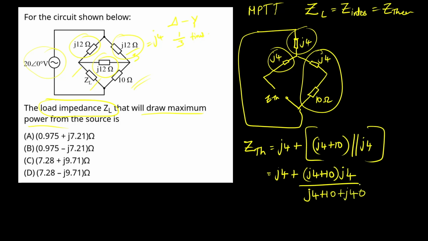If you simplify this, we will get the equivalent ZTH equal to 0.975 minus J7.21 ohms. So option B is the correct answer.